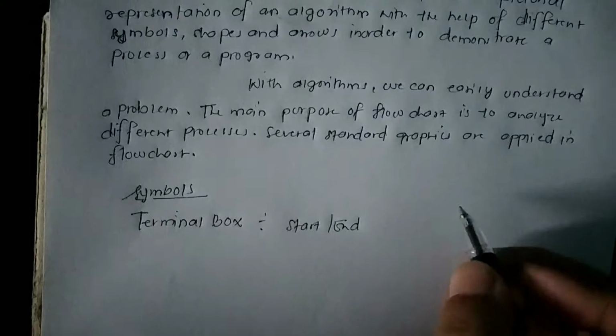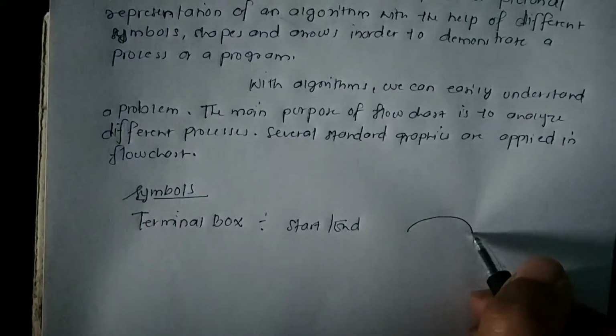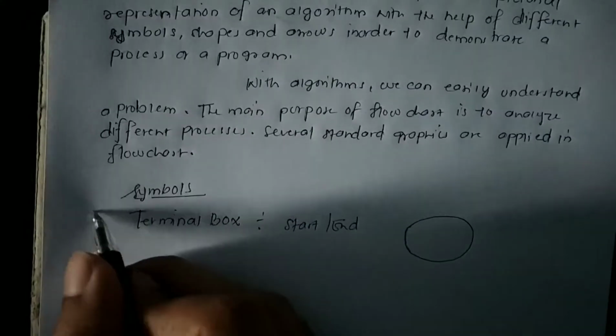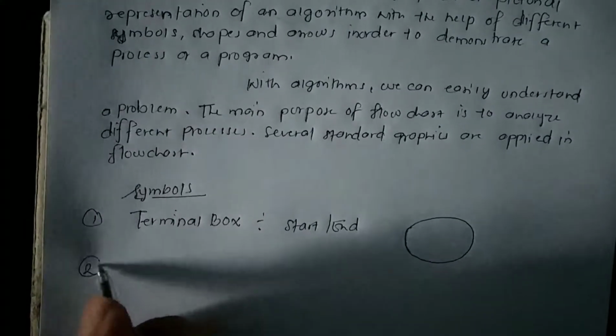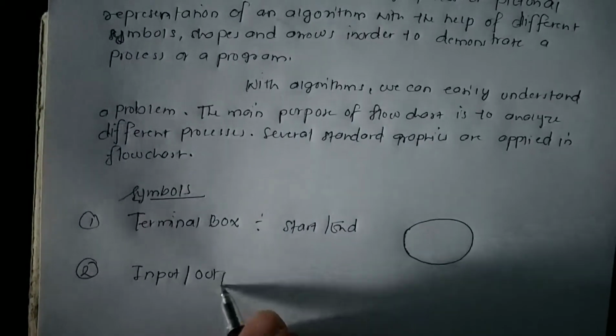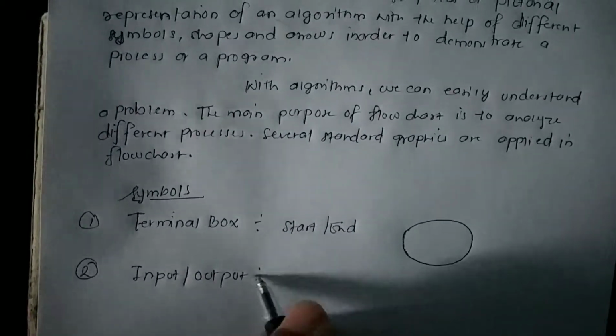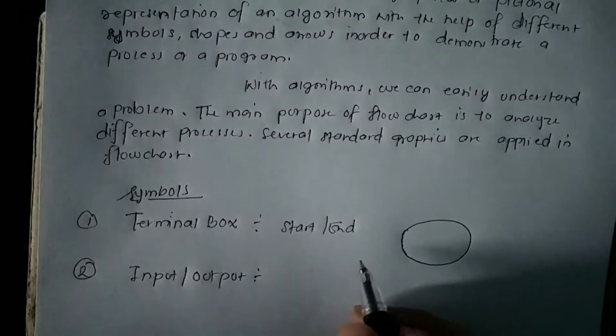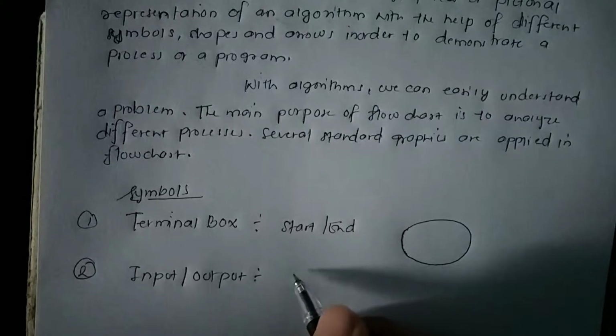For representing it, we use graphical symbol like oval. The next come input and output. For representing input and output, we use generally the graphical symbol like parallelogram.